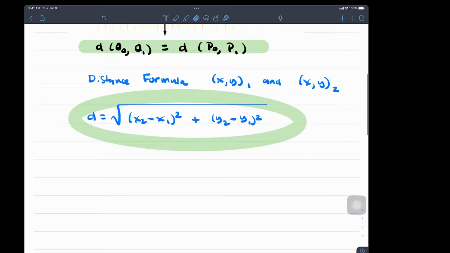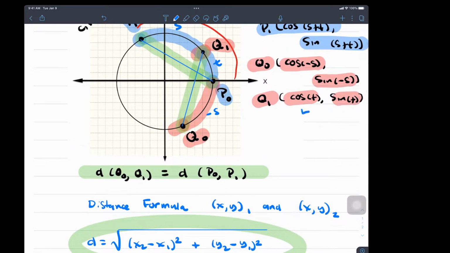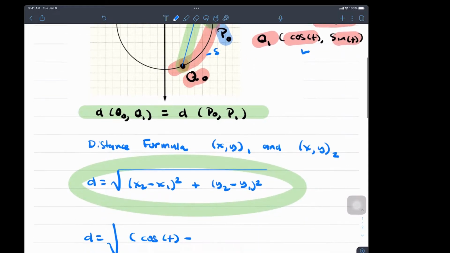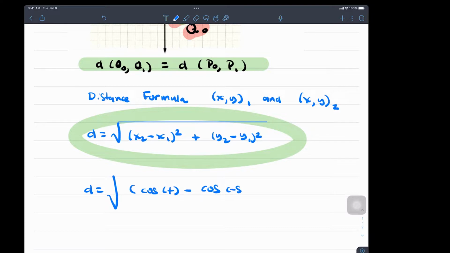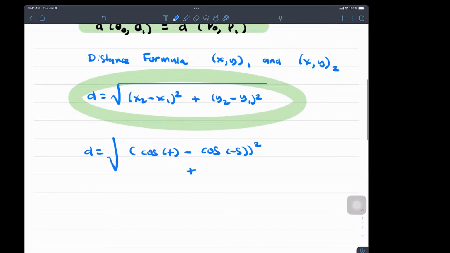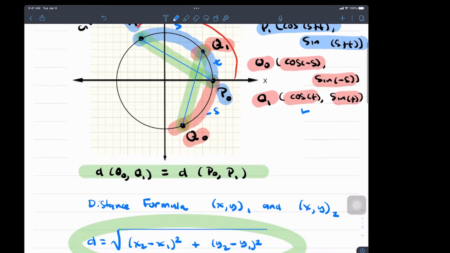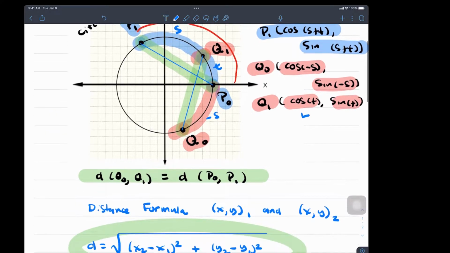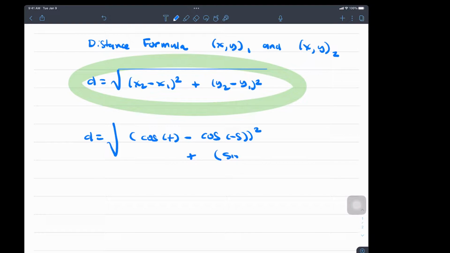Well, this is going to be cosine t minus cosine(minus s), squared, plus sine t minus sine(minus s), squared. So let's try that out.